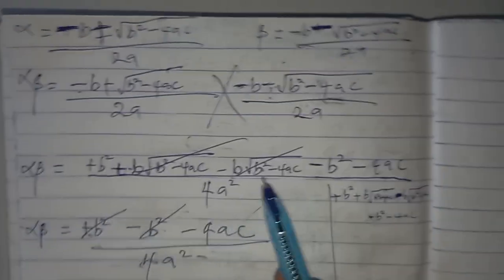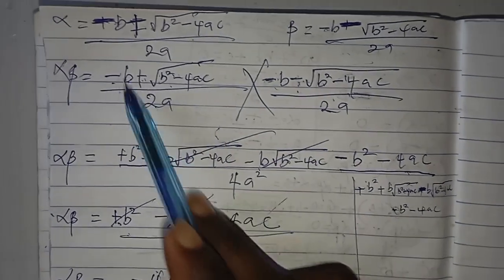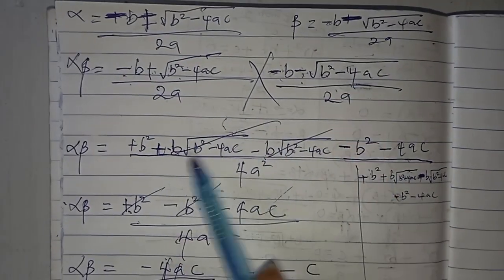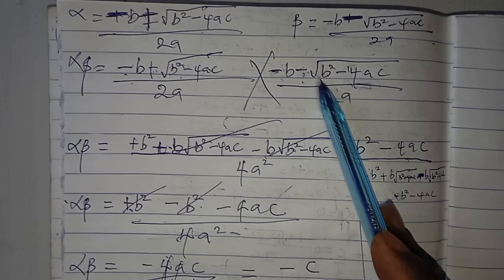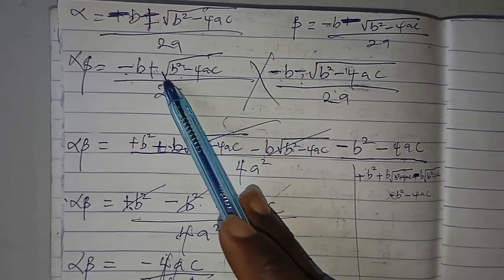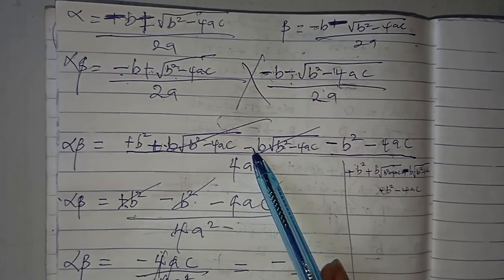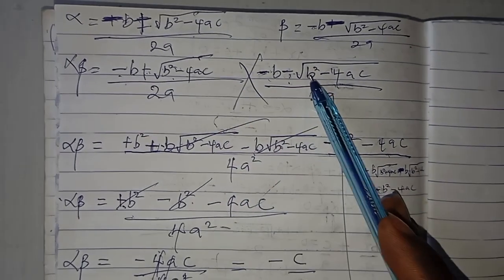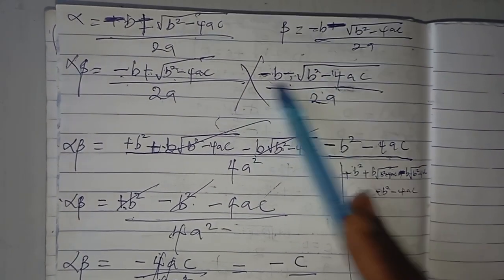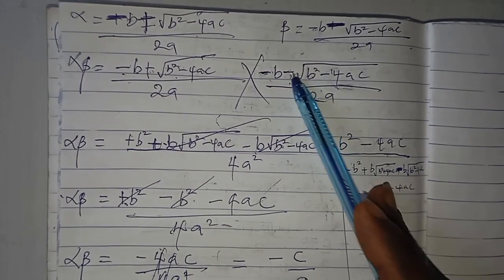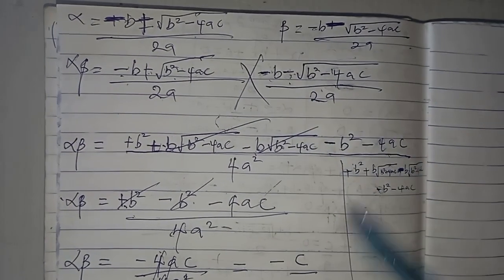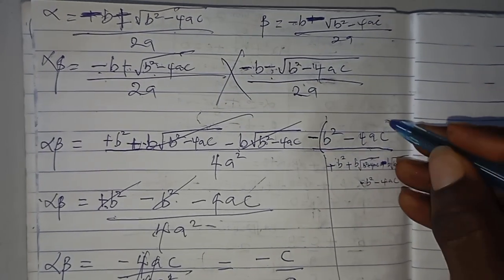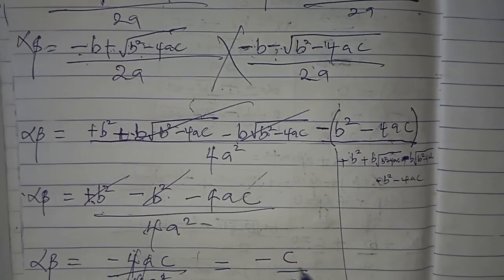Okay, so see, we did this times this, we got this, plus minus plus. Then when we did this times this, we got minus b root this. Then when we did this times this, we got minus 4ac. So where the problem is, when we got this minus, we need to make provision for this.